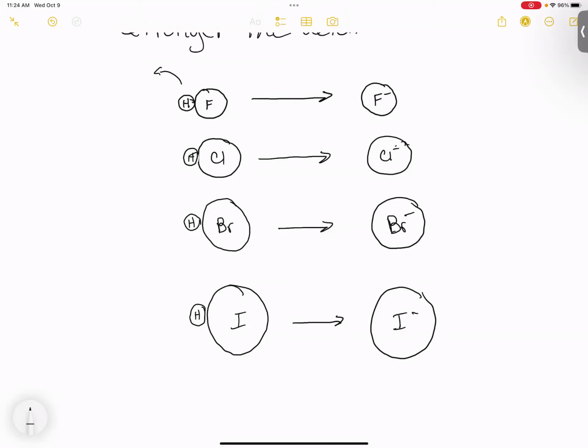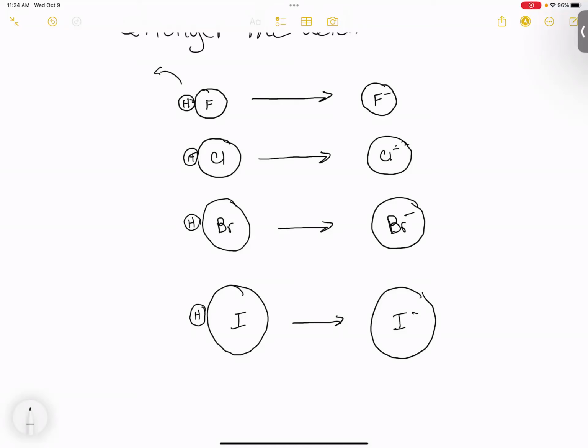But when you get down to iodine, iodine is such a huge atom, relatively speaking, that when it takes on that extra electron charge way out here, it really has no idea that it took on that electron charge.